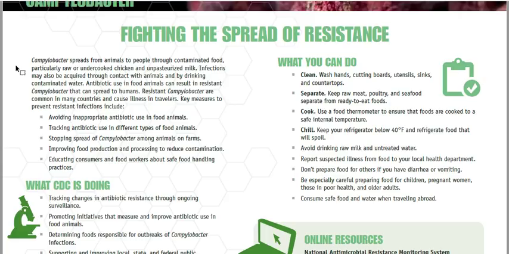Key measures to prevent resistant infections include avoid inappropriate antibiotic use in food animals, tracking antibiotic use in different types of food animals, stopping spread of CL among animals on farms, improving food production and processing to reduce contamination, educating consumers and food workers about safe food handling practices.